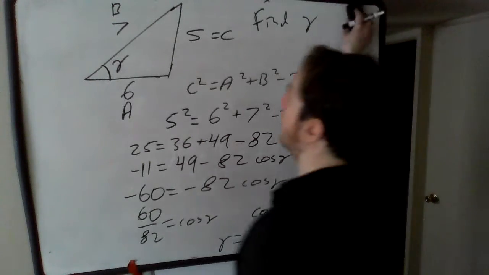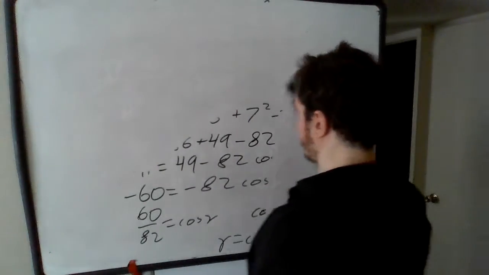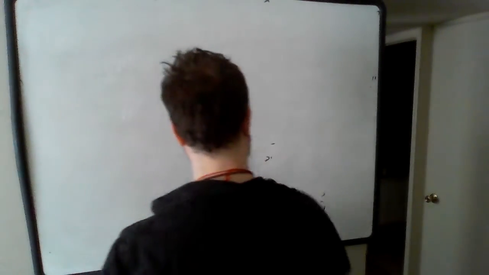So let's just really quick run through an example where you get an impossible triangle out of the law of cosines.